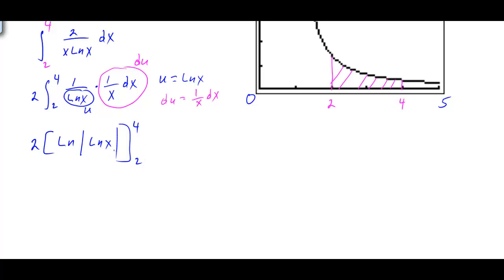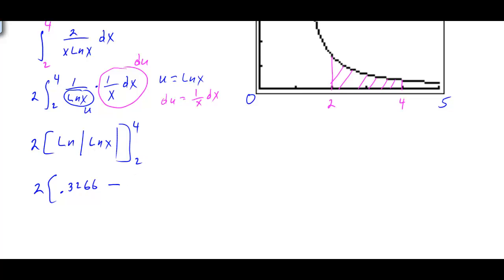And remember, when you substitute in the limits here, we're going to have our 2 out front. And if you plug a 4 in, I'm going to go ahead and calculate this. If you plug a 4 in for the natural log of 4, and then you take the natural log of that number, you're going to get approximately 0.3266 minus, and now we're going to plug the 2 in. So remember, it's the top minus the bottom.